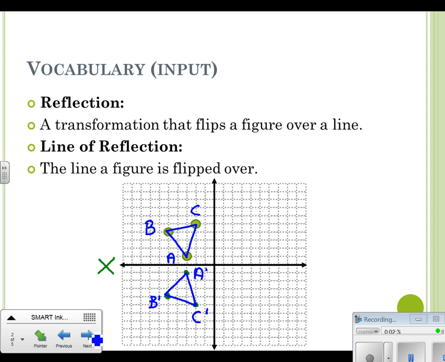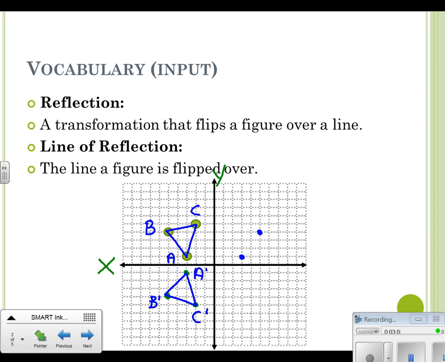Now I want to flip this triangle over the y-axis. So let's find A, and now A is 3 to the left of the y-axis, so then we go 3 to the right. B is 1, 2, 3, 4, 5 to the left, so then we're going to flip it 5 to the right, straight across from where it was.